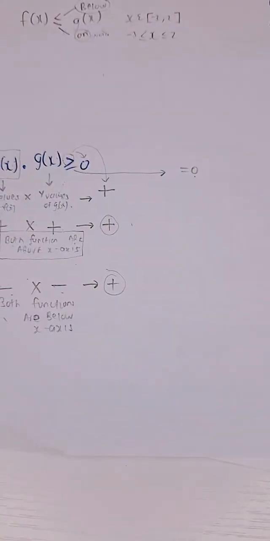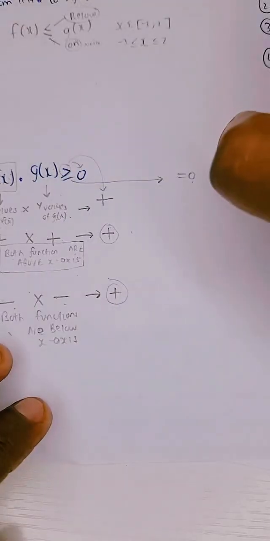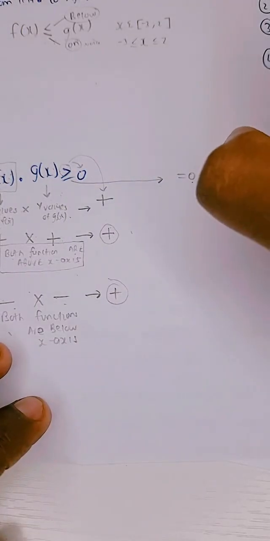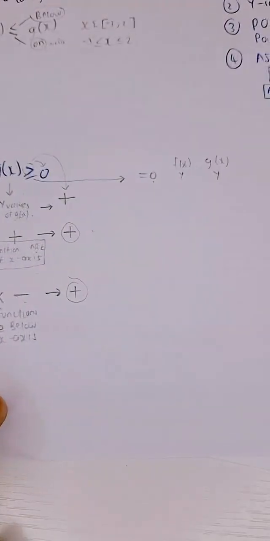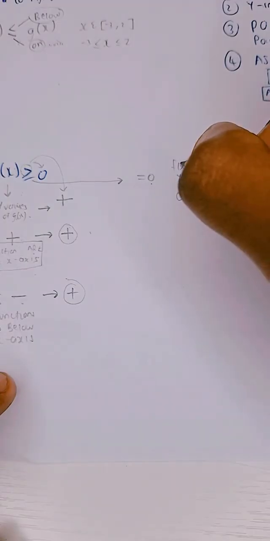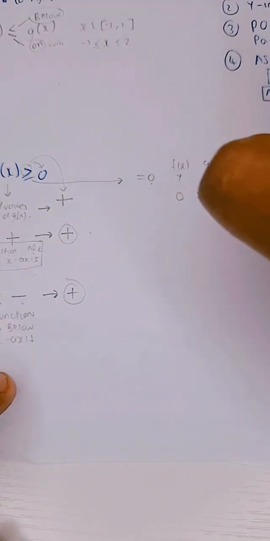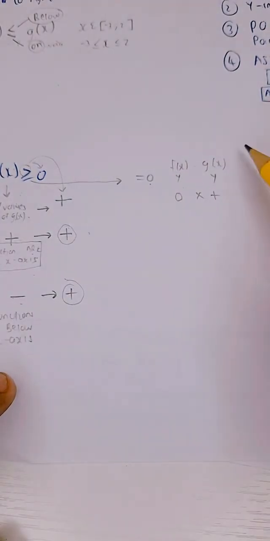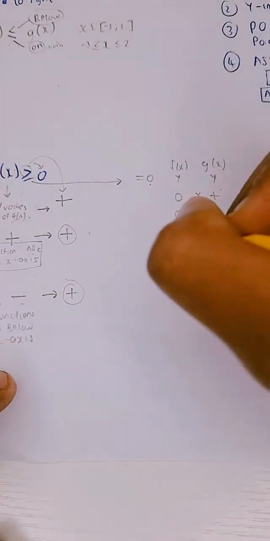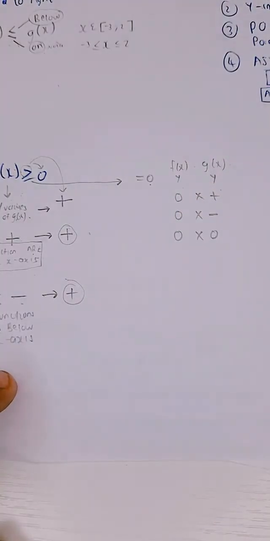How does that come? Well, we look at f of x, we look at g of x, their y values. Equal to 0 will come if, let's say, f of x, the y value is 0 and I'm multiplying it with a positive y for g of x. Or if it is 0 multiplied by a negative y for g of x. Or if it is 0 and I multiply it with a 0 as well for g of x.